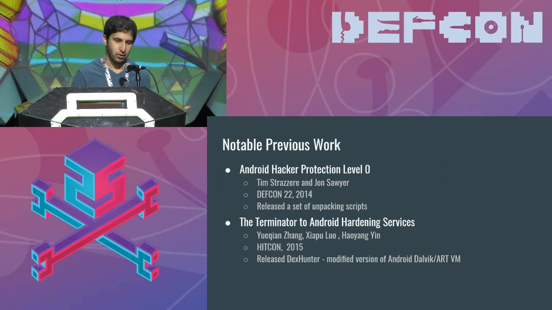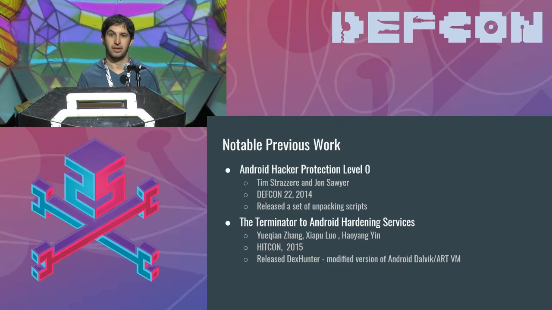So before continuing on, I want to talk about a few notable works that were done in this area. One of them was Android Hacker Protection Level 0. It was presented here at DEF CON a few years ago, and it's a very good talk about the different packers and protectors in the wild.